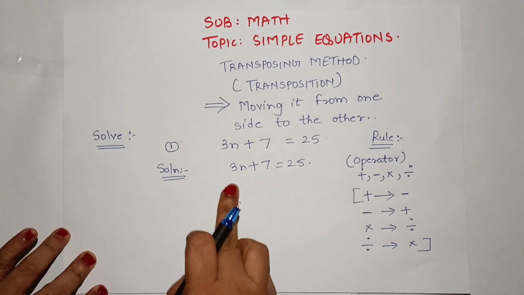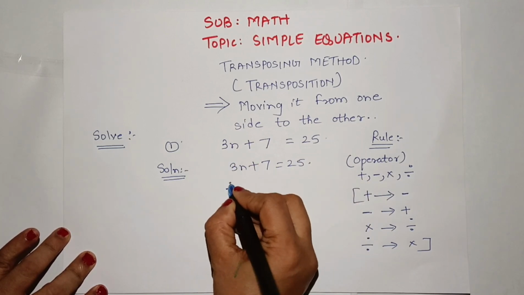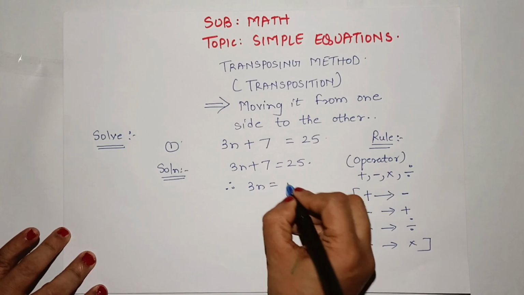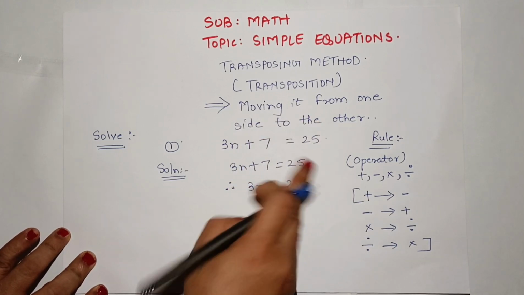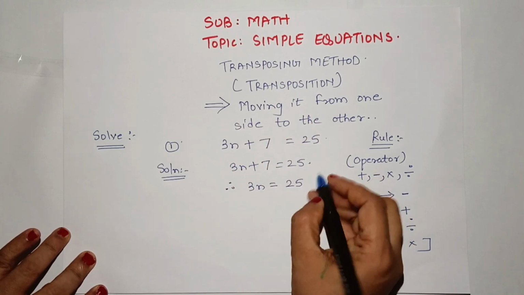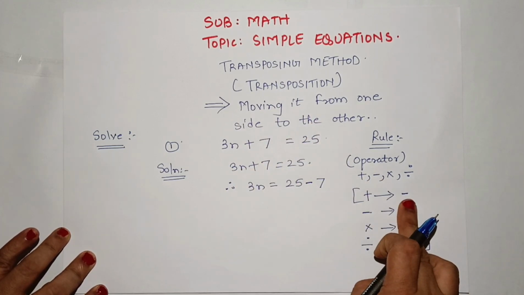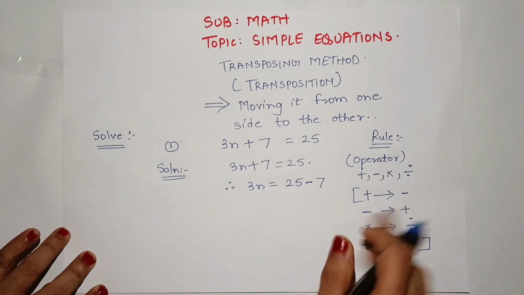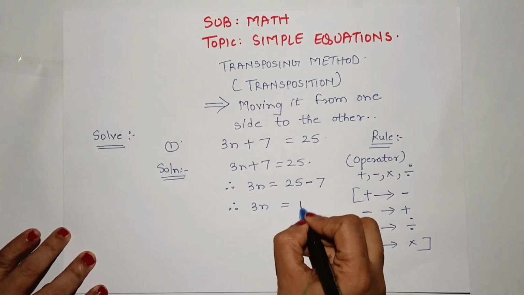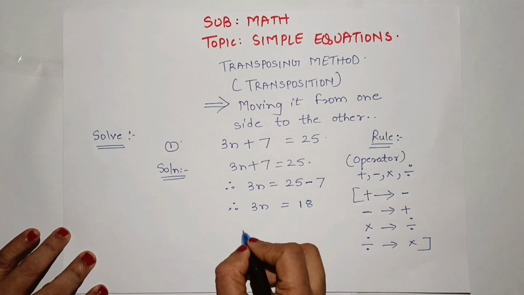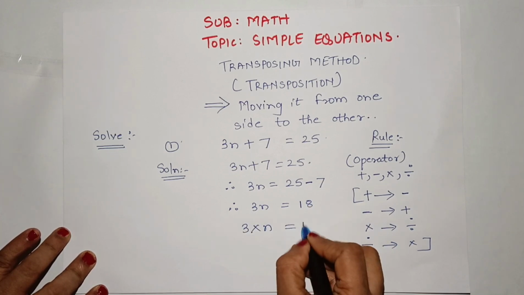First find the value of 3n. Therefore 3n equals 25. When you shift plus 7 to that side, it becomes minus. Shifting, plus becomes minus. Therefore 3n equals 18. 3n means 3 times n.